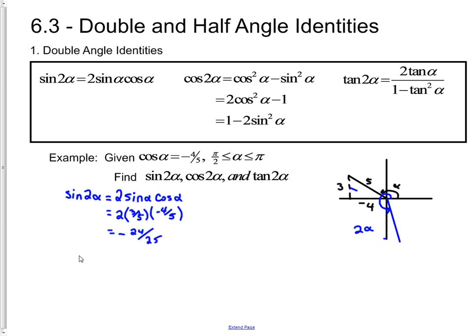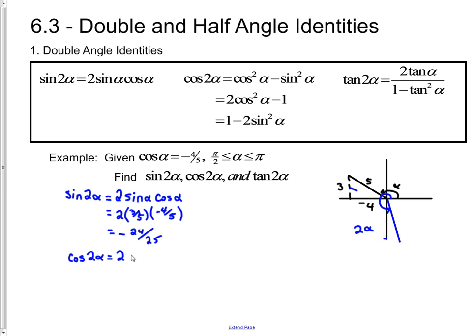For the cosine, we can use one of 3 formulas. Cosine of 2 times an angle is equal to either cosine squared alpha minus sine squared alpha, 2 times the square of the cosine of alpha minus 1, or 1 minus 2 sine squared alpha. Since we're given cosine of alpha, I'm going to go ahead and use that second formula.